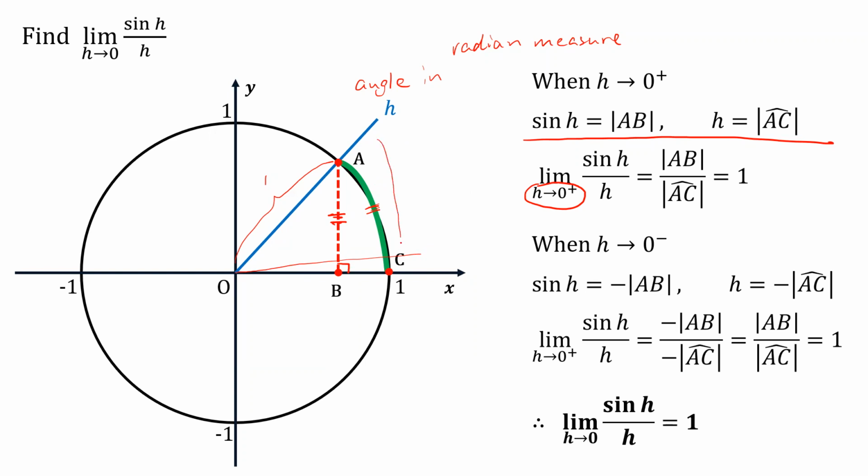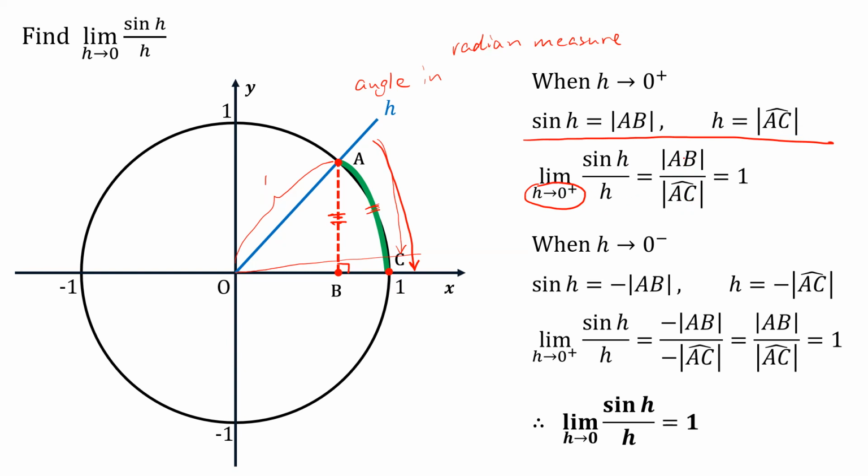As h becomes smaller and smaller, that is close to 0, which means the terminal arm of h is approaching the positive side of the x-axis, right? Can you imagine that? The length of AB and the length of arc AC are actually equal to each other, right?